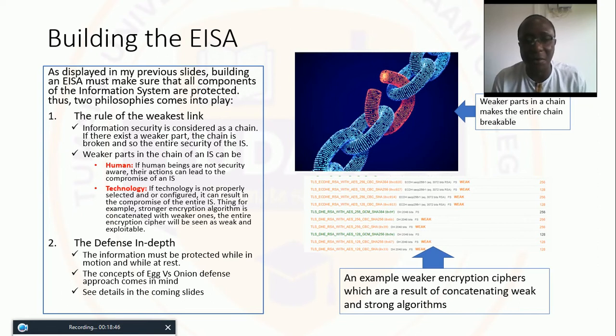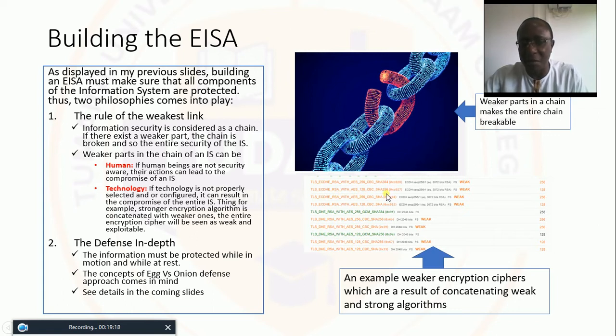Now, humans are normally viewed as the weaker points when it comes to information security. Technology, if not properly selected or configured, can result in a compromised entire system. For example, this is a real example, and unfortunately it comes out of one particular financial information system.